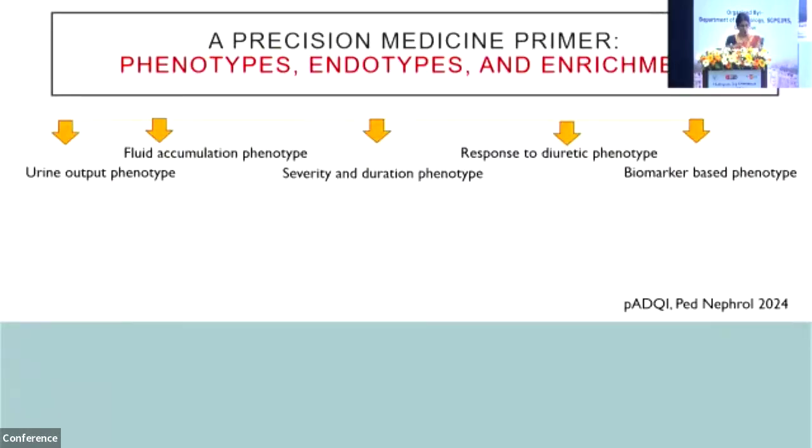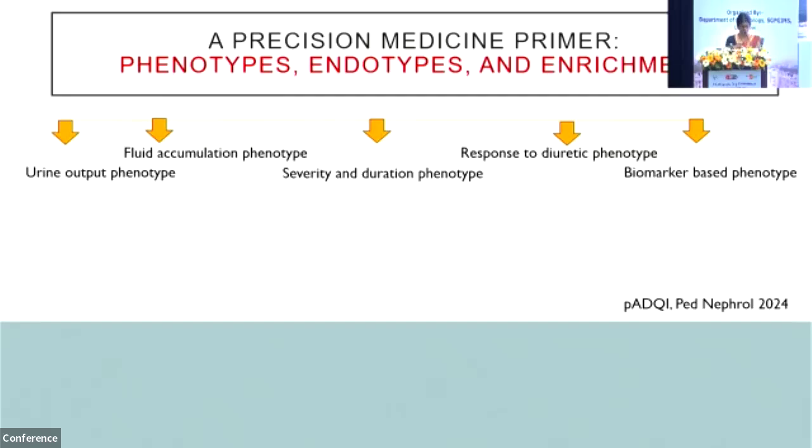Before I conclude, here are fresh ideas proposed by the PADKI group. Efforts are underway to identify and characterize unique subsets of AKI in children through phenotypes or endotypes, which means subsets that share a common biology or pathobiology. There are also concepts of identifying the right therapy for the right patient, which is called enrichment.